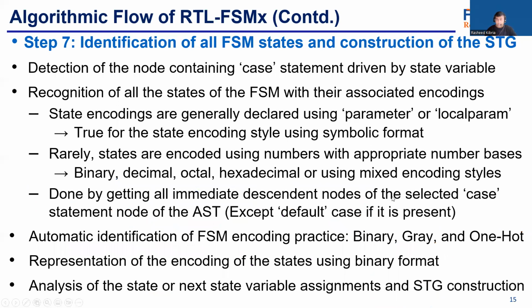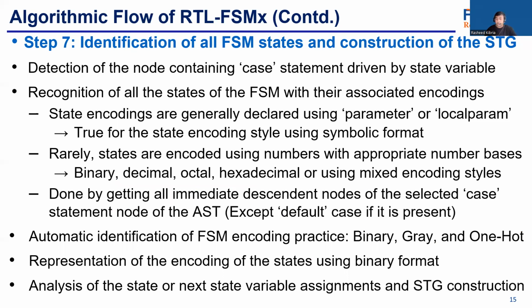In the seventh stage, we identify all the FSM states and construct the state transition graph, or in short STG. In this stage, detection of the node containing the case statement driven by the state variable is done, and we recognize all the states of the FSM with their associated encodings.